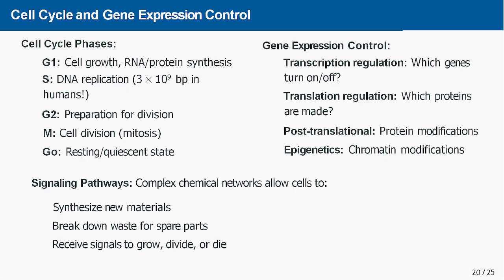This is the signaling pathway. And gene expression controls DNA to RNA transcription, which is a regulation of which genes turn on or off. From RNA to protein is translation regulation, which determines which proteins are made, and then post-translational protein modifications, and epigenetics, which is your chromatin modifications.